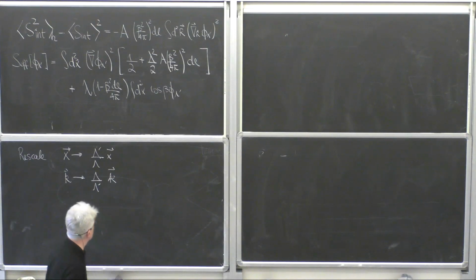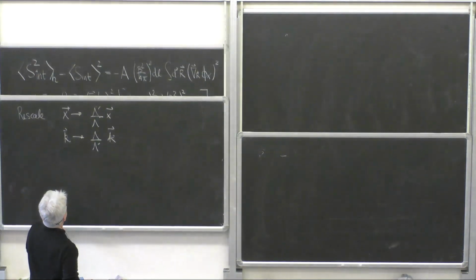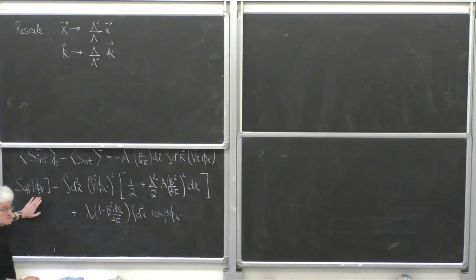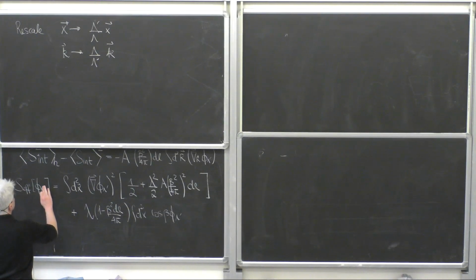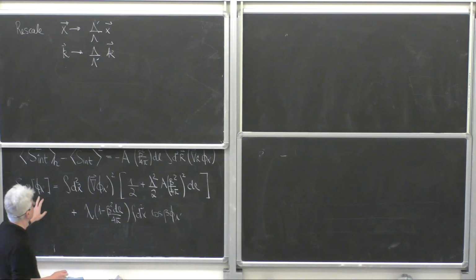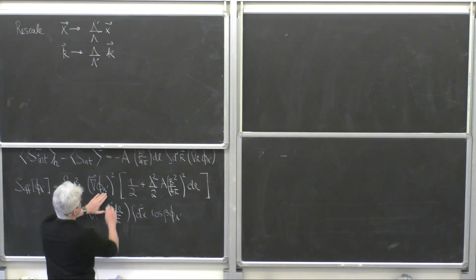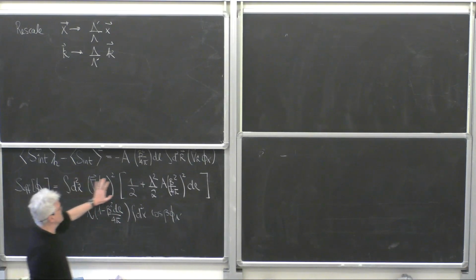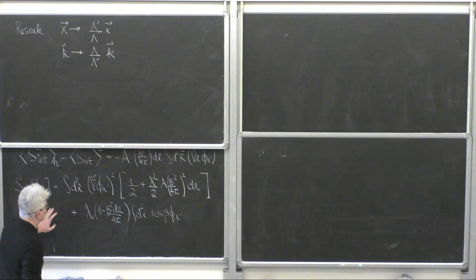No. So I will just modify this formula. When I rescale, I get the effective action, but now I have rescaled to recover the original cutoff, so it depends on phi lambda. Now the Gaussian part is scale invariant, so this piece will just retain its form.